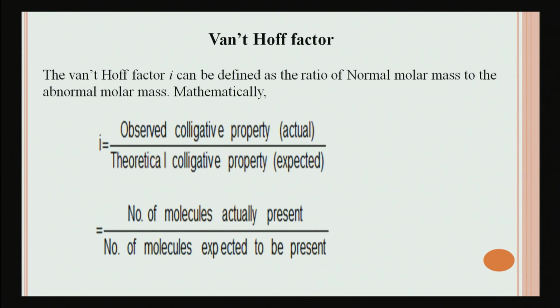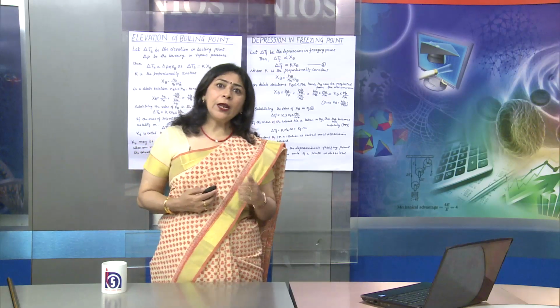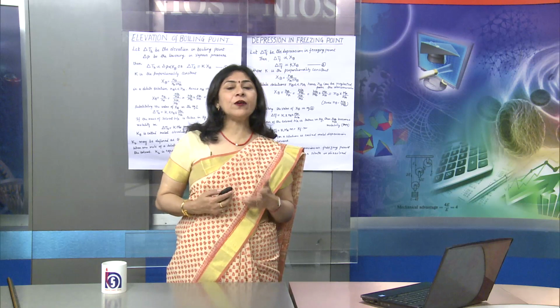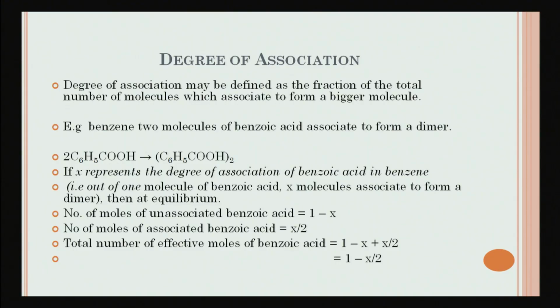Now, degree of dissociation and degree of association, what exactly are they? Degree of association may be defined as the fraction of the total number of molecules which associate to form a bigger molecule. For example, in benzene, 2 molecules of benzoic acid associate to form a dimer. The formula of benzoic acid is C6H5COOH.